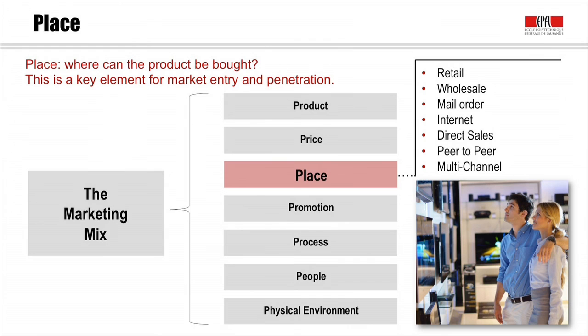Another element is the place, i.e. where can the product be bought? This is a key element for marketing, market entry and penetration. And it actually means the distribution channel that you're going to adopt. Is it retail? Is it wholesale? Maybe mail order, internet, direct sales, peer-to-peer, maybe multi-channel approaches.